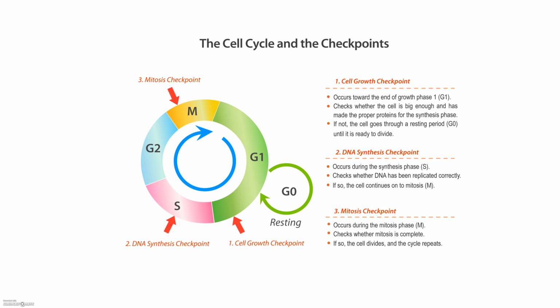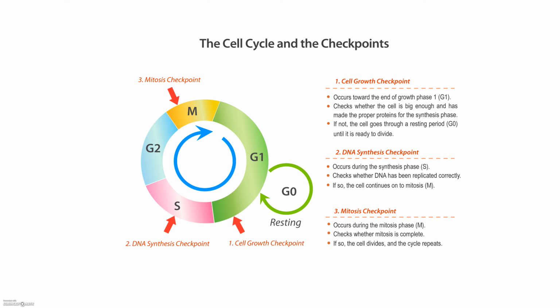And during DNA synthesis, there's a checkpoint as well, to see if the DNA has been replicated correctly. If it has been replicated correctly, then the cell proceeds through G2 phase, and then goes through mitosis, where the entire cell is being replicated and split into daughter cells.